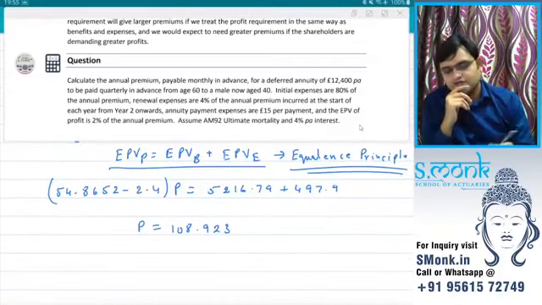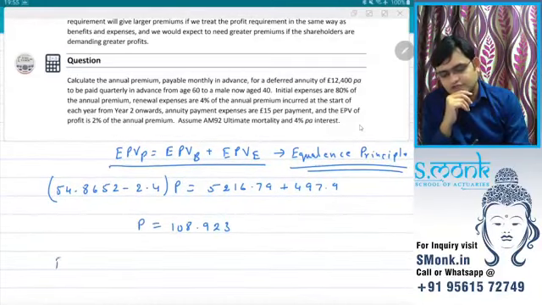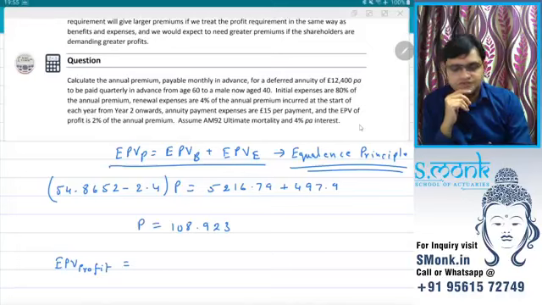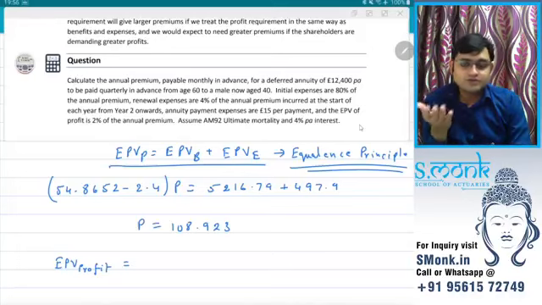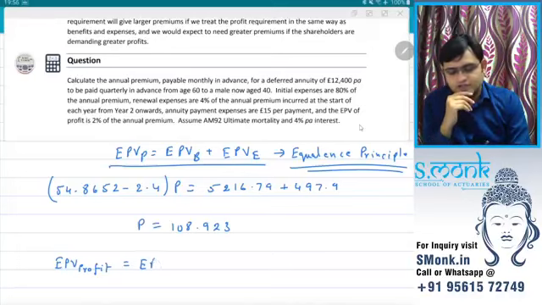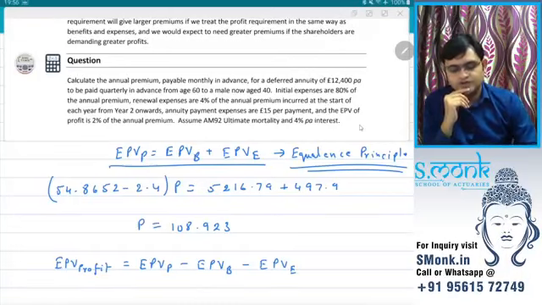Because they have given us expected present value, we can say our expected present value of profit, like we made for loss, must be, we are making profit from premiums, that is our income. So expected present value of premium minus expected present value of benefit minus expected present value of expenses. This is how we will make our profit.